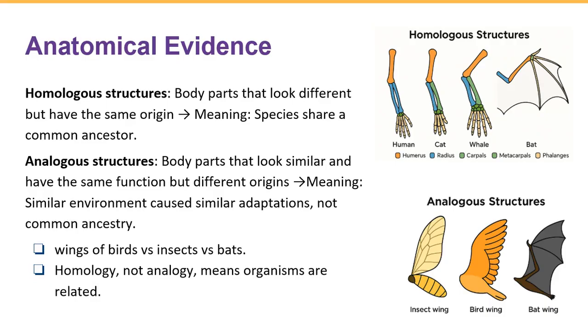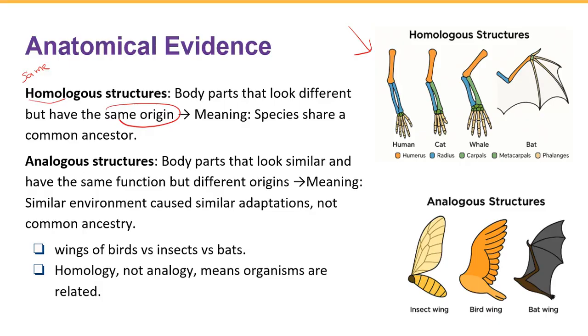First, we have homologous structures. The homo means same. So these are body parts that have the same origin, even if they look different or do different things. For example, look at the human arm, a cat's leg, a whale flipper, and a bat's wing.